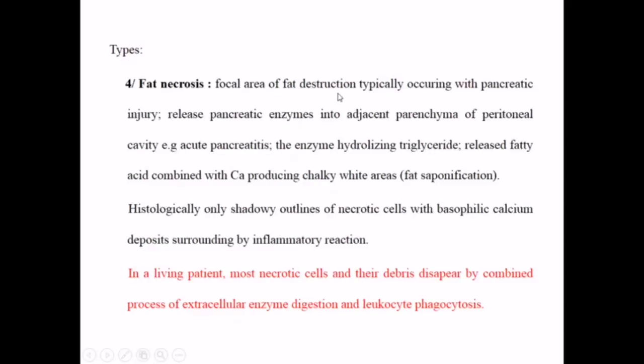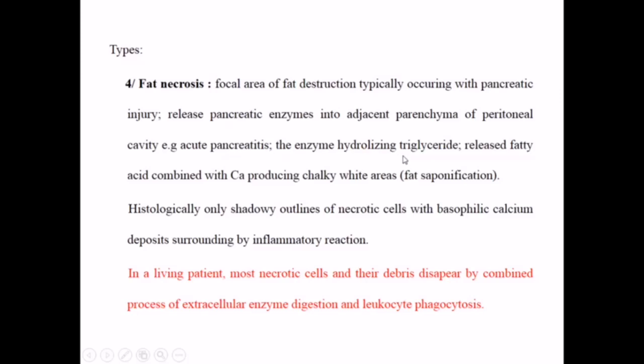Fat necrosis: there is a focal area of fat destruction, typically occurring in pancreatic injury with release of pancreatic enzymes, like in acute pancreatitis.